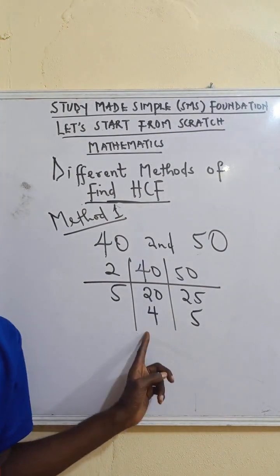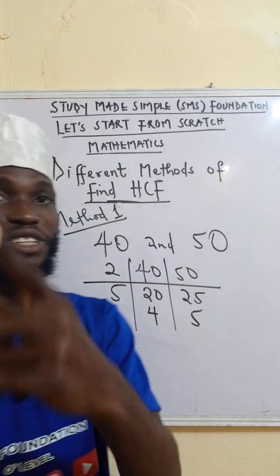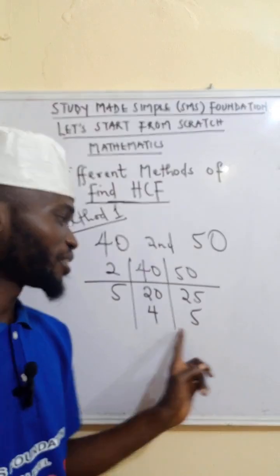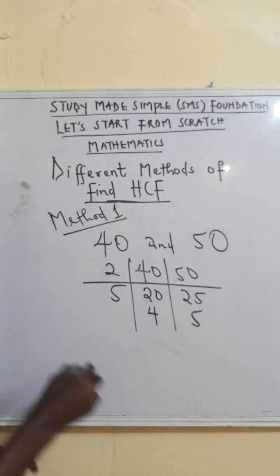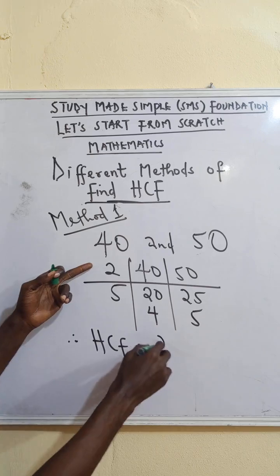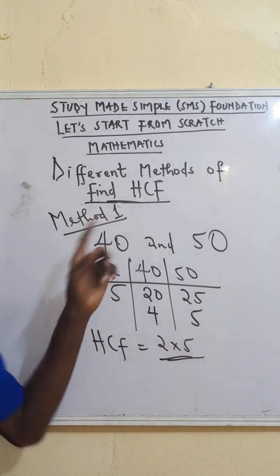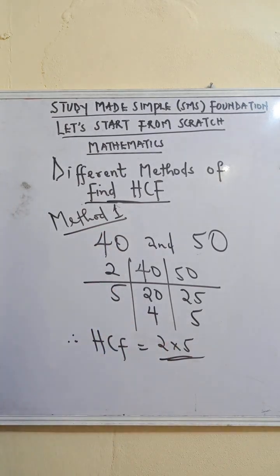It's only 1 that can divide. So it means 4 and 5 are co-prime, or relatively prime, since there is no other number apart from 1 that can divide. Then I will conclude that my HCF or GCD equals 2 times 5, which is my final answer. Very good. So this is method 1 by successive division.